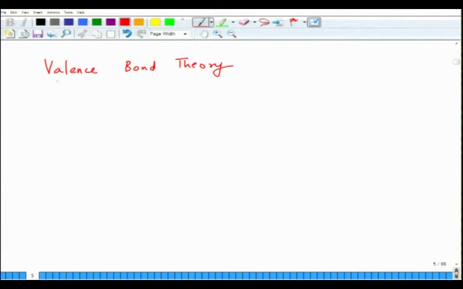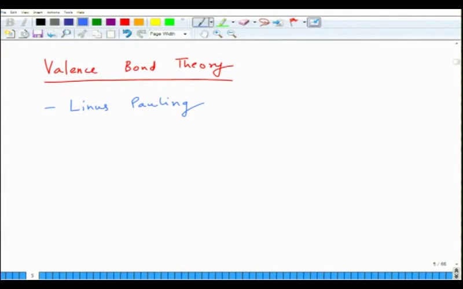bond theory. Now this valence bond theory basically started with people like Linus Pauling. He was a famous physicist or chemist, you can say a solid state quantum mechanics person.